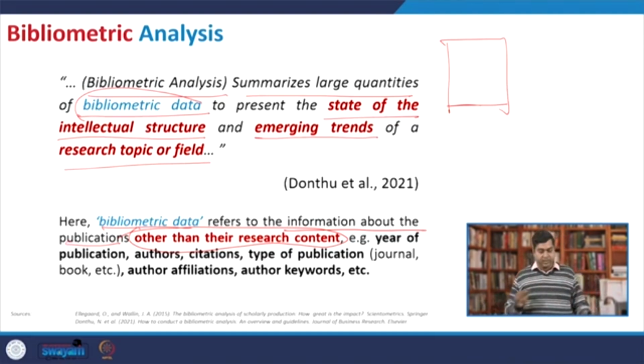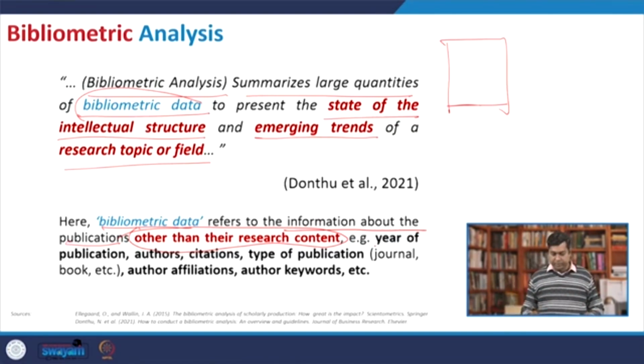In this particular case the bibliometric data is the overall information about the paper: the title, the author names, author's affiliation, then that particular journal, the volume number, the impact factor of the journal, all such information, when it was published, the location. In such cases we are not going into discussing the content within it. So, bibliometric data is limited to that.